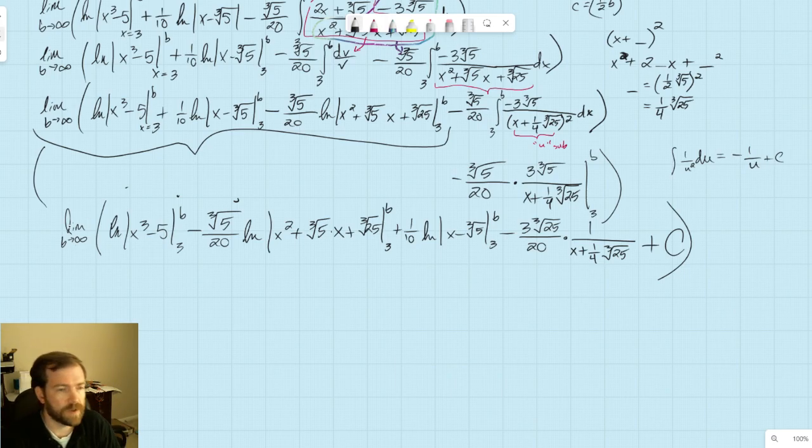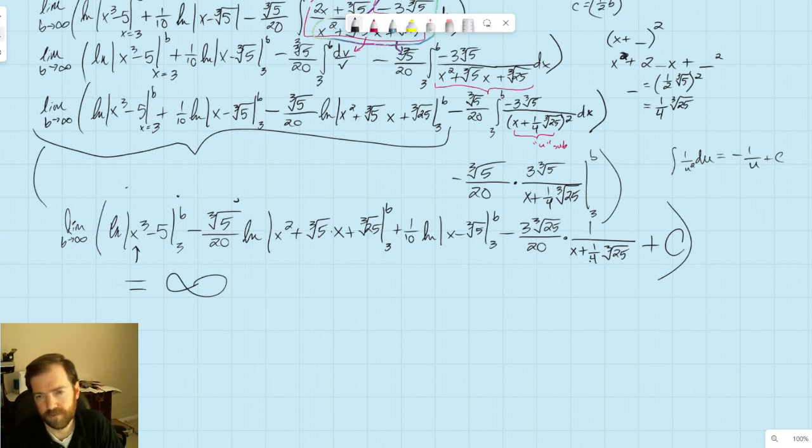Then the next part is, what do you do when you take the limit as b goes to infinity? Well, immediately you can see that right here, b going to infinity is going to cause this thing, the argument of the natural log, to go to infinity, which causes the natural log to go to infinity. So, there you go. I will say that this also creates a small problem in terms of the fact that this is going to be a positive infinity here, minus infinity here, plus infinity here, and minus infinity here.